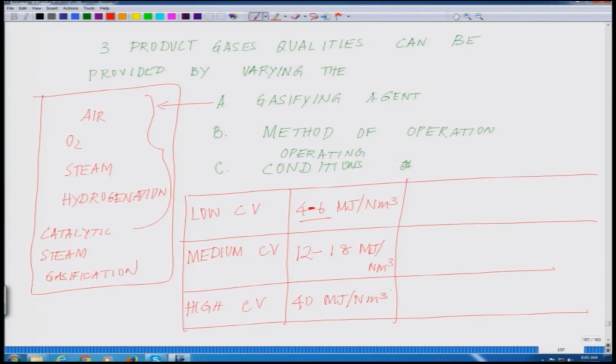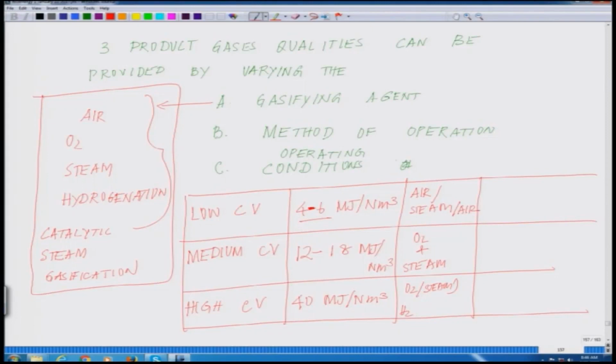And in terms of the utility, before we get to the utility, what are the different gasifying agents which are used? Here you are using air, steam slash air. Here you are using oxygen and steam. Here you are using oxygen, steam and hydrogen, or hydrogenation, what you are doing.